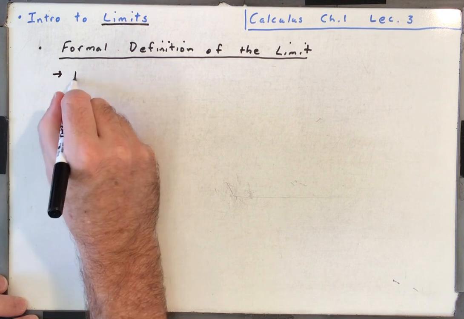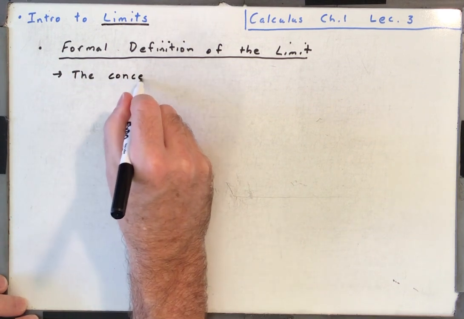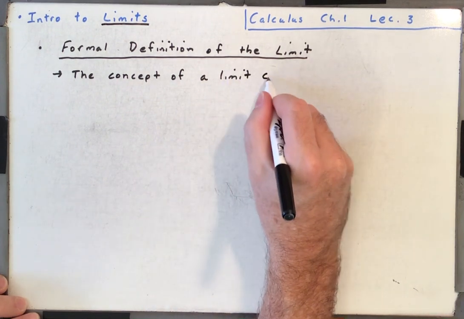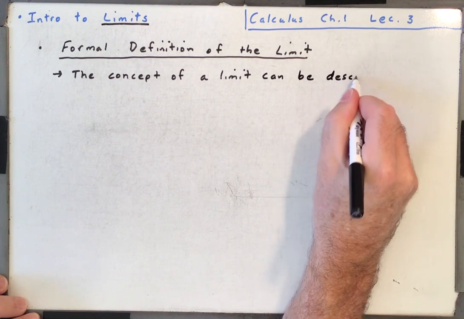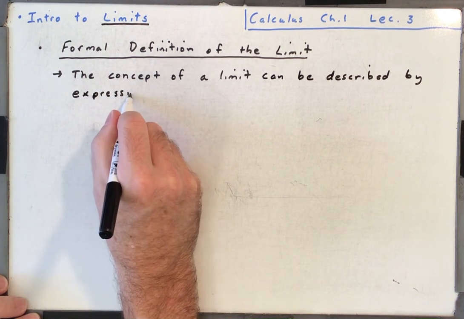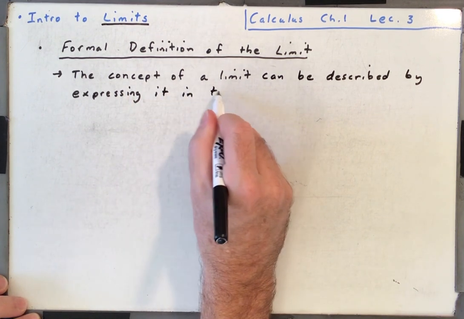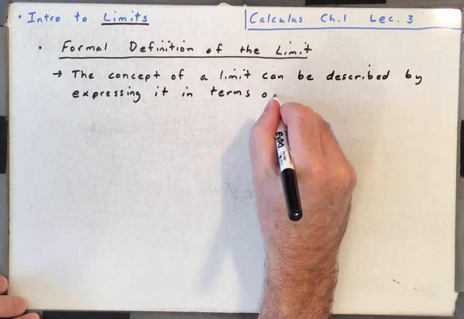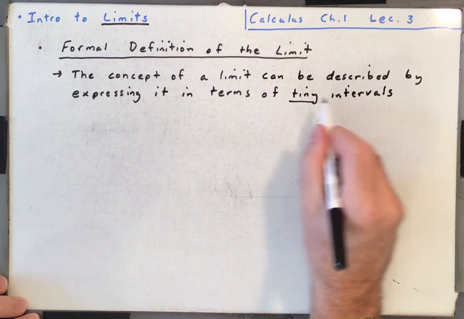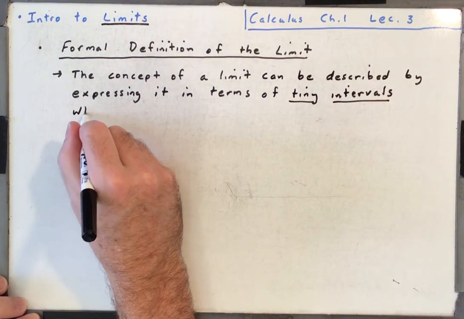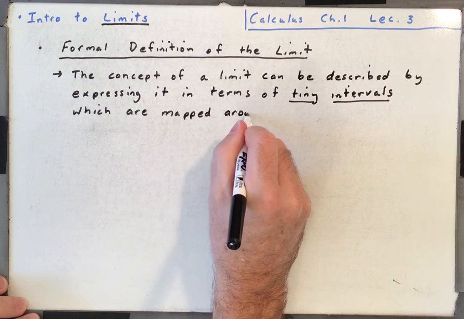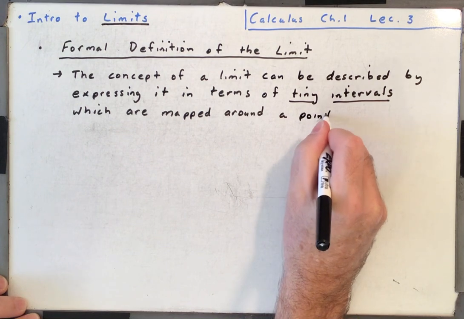All right, so the concept of a limit can be described by expressing it in terms of tiny intervals, right, tiny intervals, which are mapped around a point. So a point on a graph.